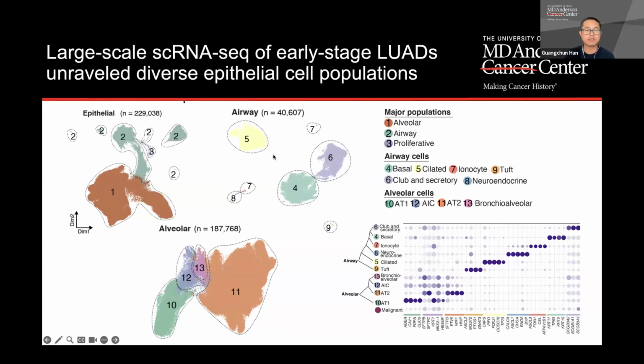In addition to these alveolar cell populations, we also identified several airway cell populations. Because of the large number of cells captured, we are able to identify several rare cell populations here, including, for example, ionocytes and tuft cells.